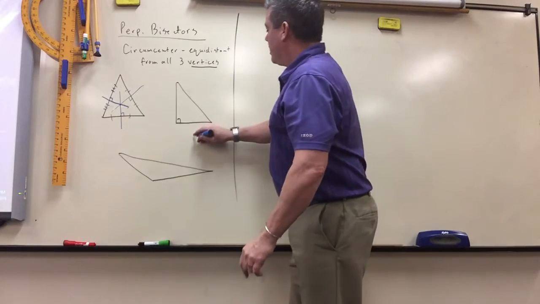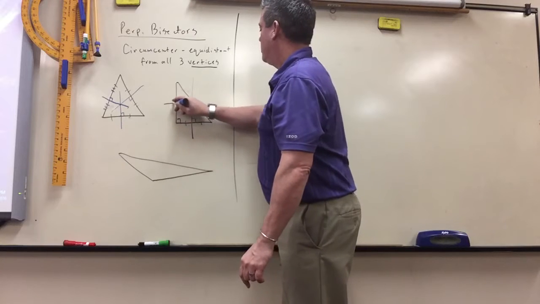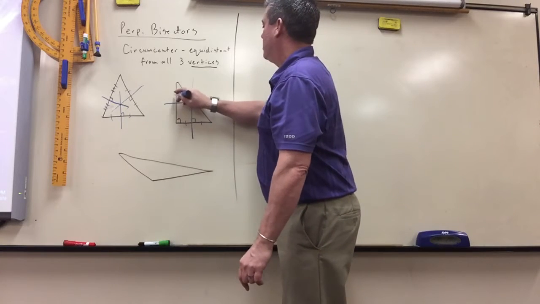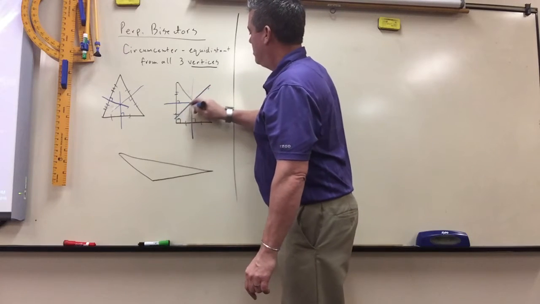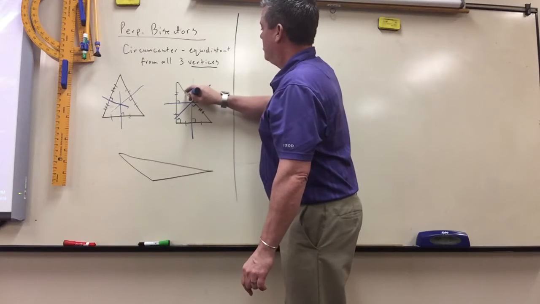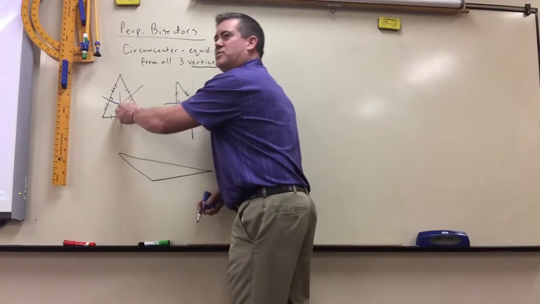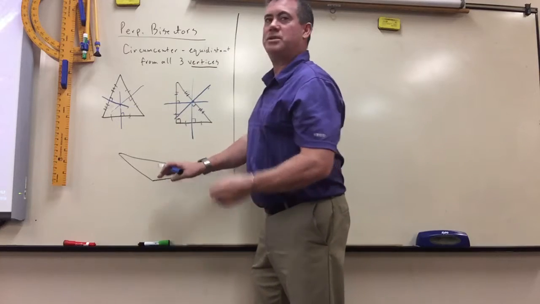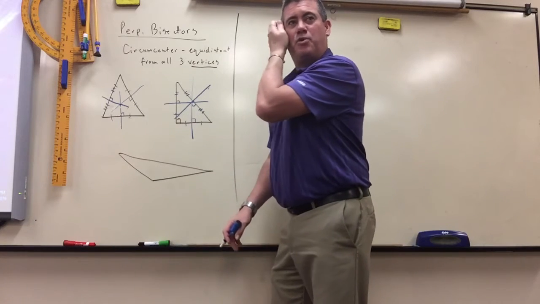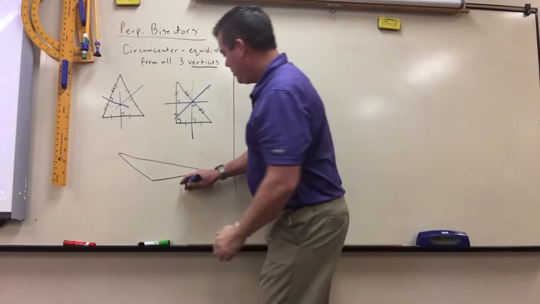On a right triangle, it would look like this. So on an acute, they intersect inside. On a right, it's on it. On an obtuse, it's outside. There are some questions about where they intersect, the sometimes, always, never questions.